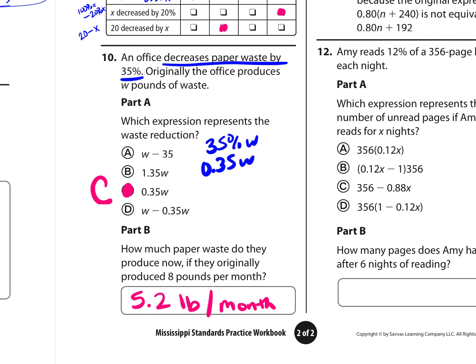How much paper waste do they produce now if they originally produced 8 pounds per month? Well, we could do this a couple different ways. One is we could see what percent of waste they now produce. So we could say, okay, 100% of the waste minus 35% of the waste is 65% of the waste.